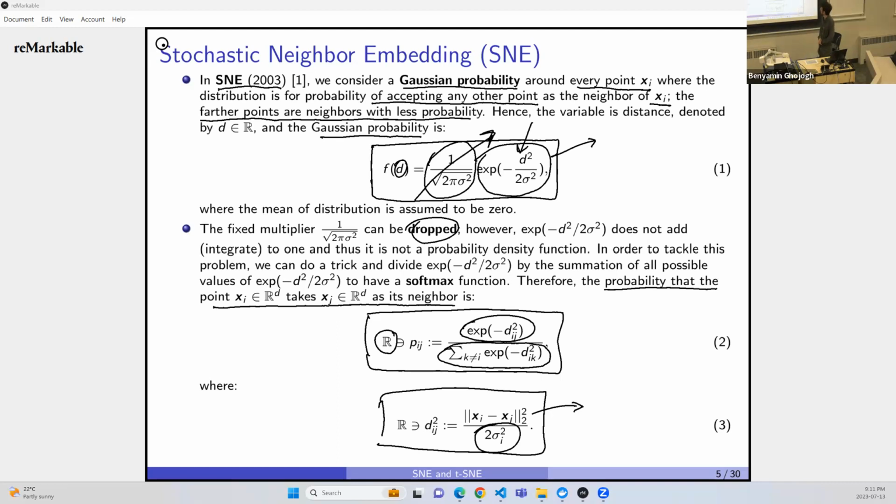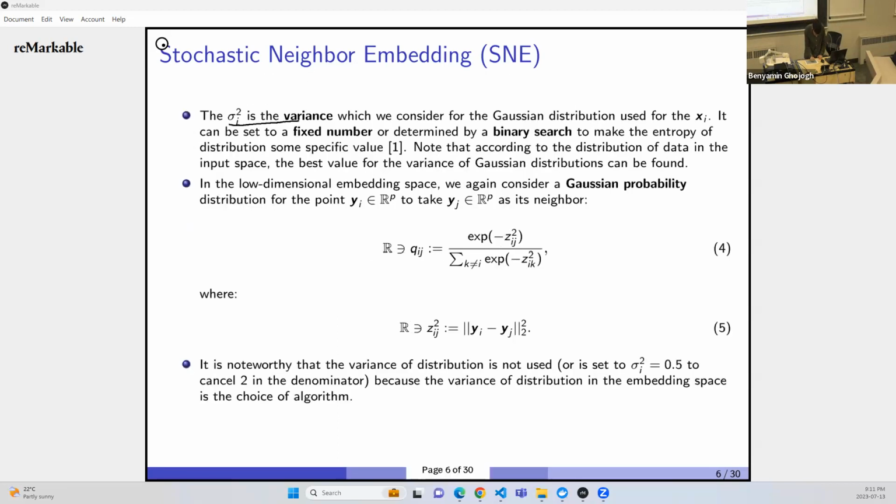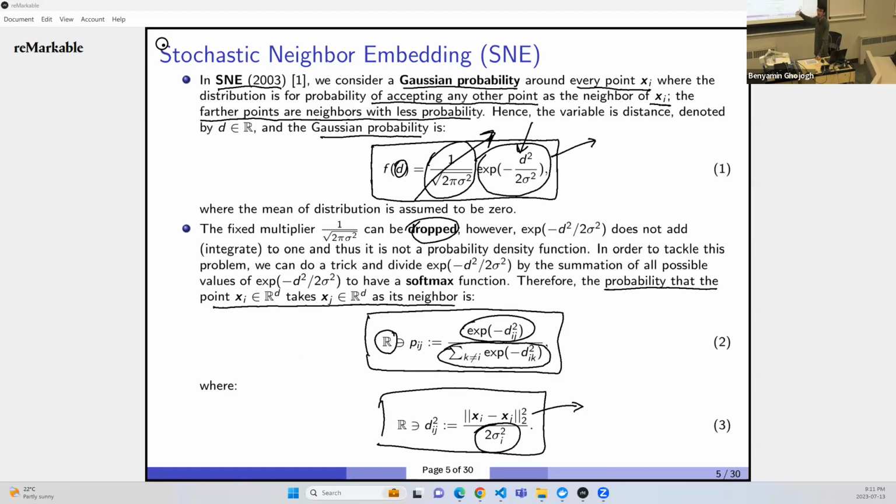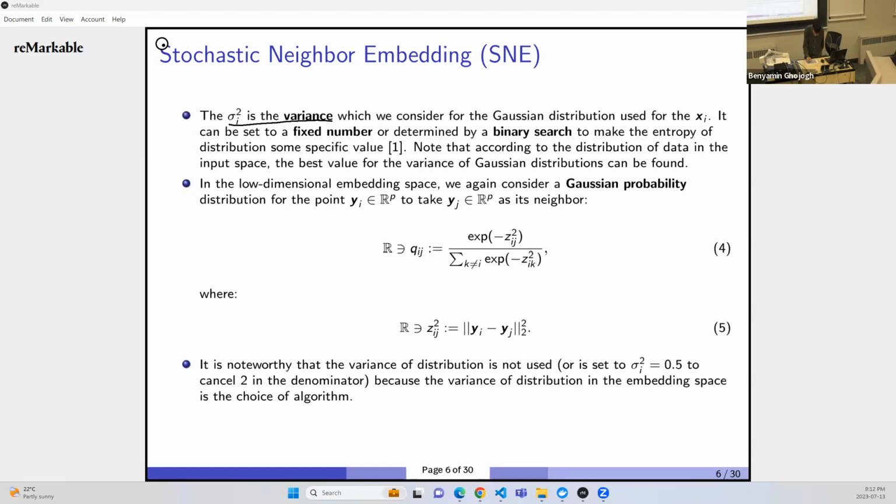Why? Because I don't want to calculate the distance of me to myself. It will be 0, but I don't want to have an additional +1 in the denominator. This sigma i, the variance in the distance, is a hyperparameter. You can either set it to a fixed value, or you can find it by binary search. It's not that important.